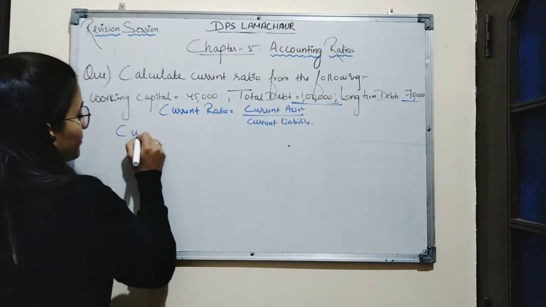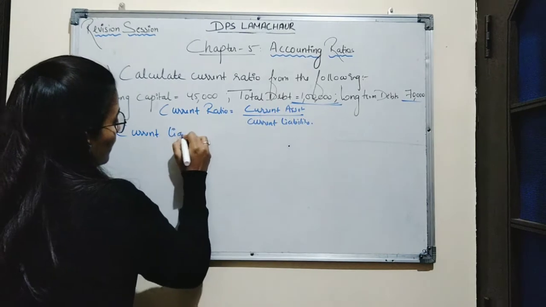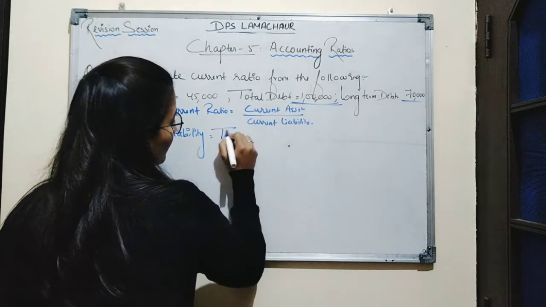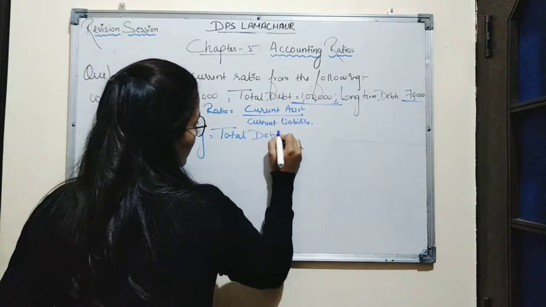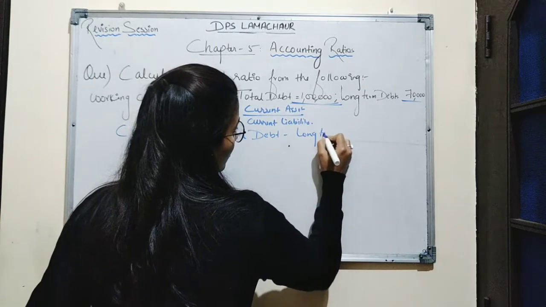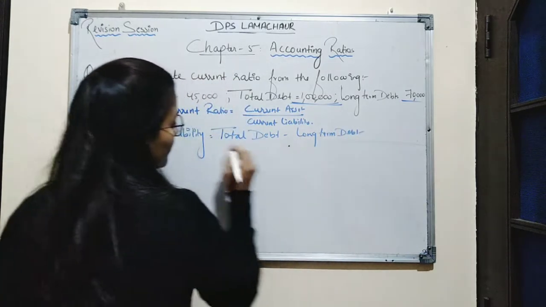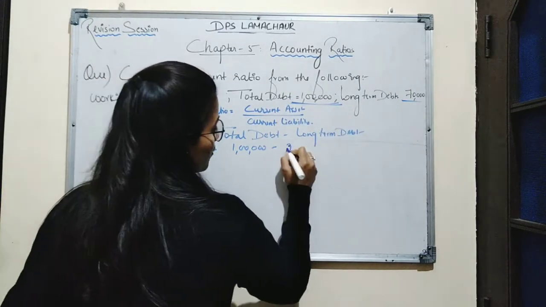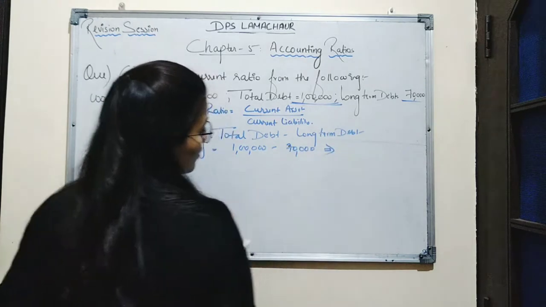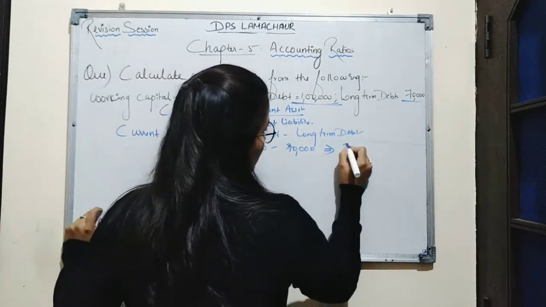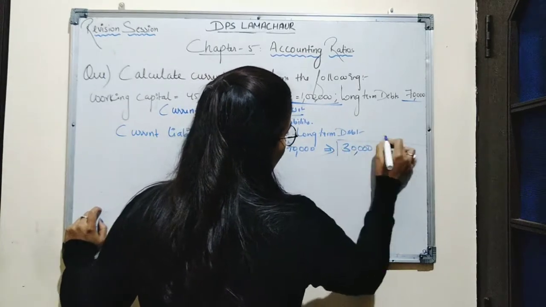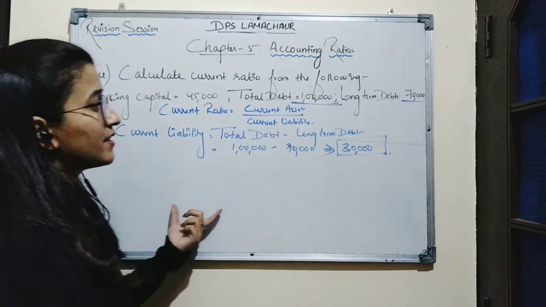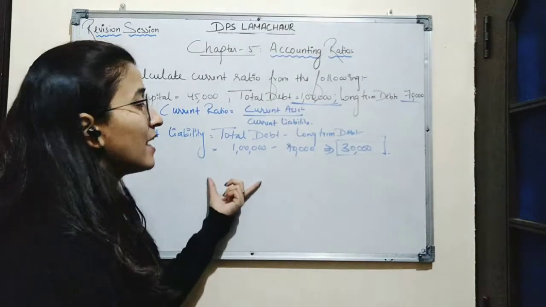So here current liability will be total debt minus long term debt. Amount of total debt is 1 lakh rupees. Long term debt is rupees 70,000. So by subtracting this, we get the result 30,000 as current liability. Next we will calculate current asset, but here the amount of current asset has not been given.